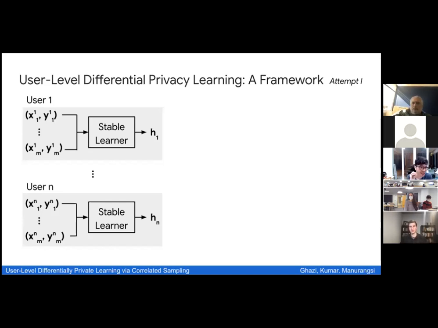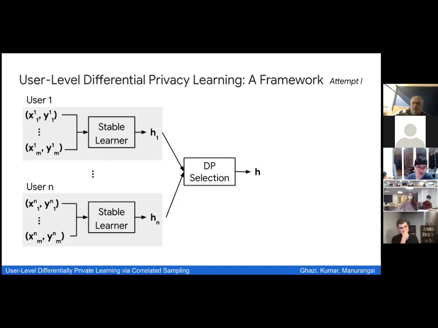As we stated earlier, we expect many of these H_i to be equal to H star, the one that has the most probability. And then we just run the DP selection. If H star appears many times, we should be able to recover it at the very end. Okay, so this looks great, right? But of course it shouldn't work as is. Otherwise, we wouldn't be writing this paper.